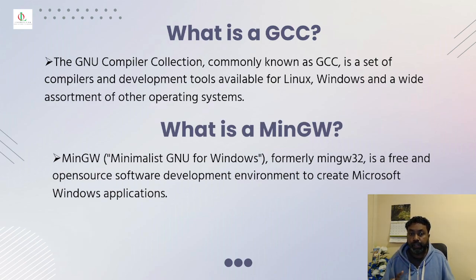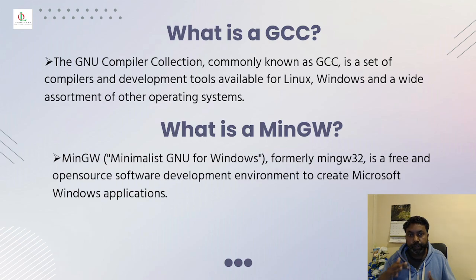And what is MinGW? MinGW is a minimalist GNU for Windows. For Windows, you need a special file to run and for the compilation process to happen. Formerly it was named MinGW32, and now it's just MinGW. It is a free and open source software development environment to create Windows applications, and you can run your code in it.